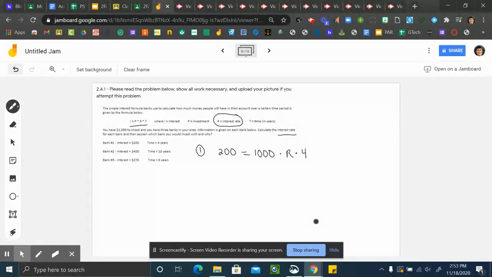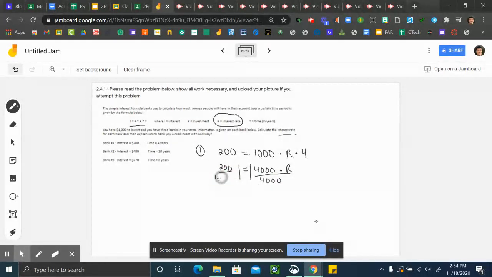So now we're going to say, well, 200 equals 1,000 times R times 4, or we could say 4,000 times R. And then we'll use our equal sign highway. Okay, divide each side by 4,000 because the opposite operation of multiplication is division.